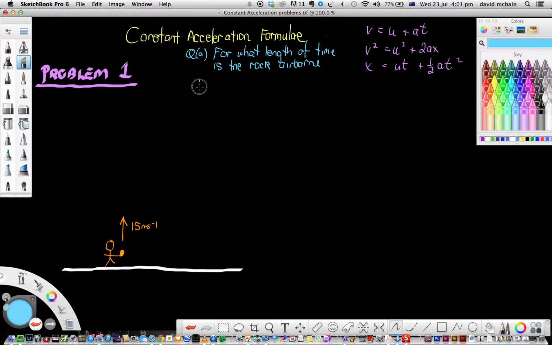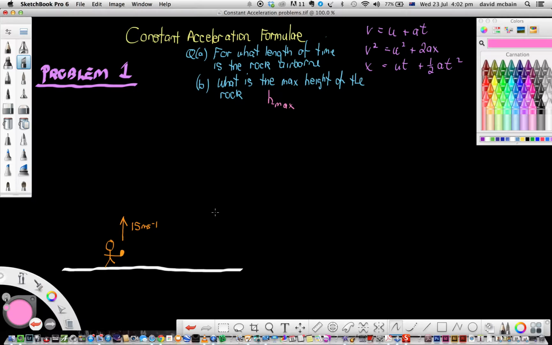And part B of the question is, what is the maximum height achieved by the rock? And in future, we will refer to that as H max, the maximum height achieved.